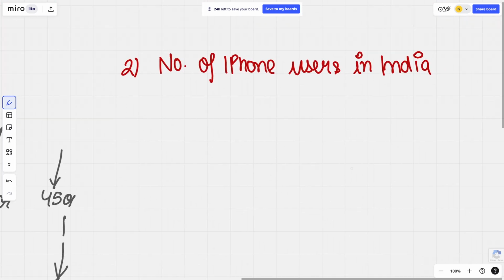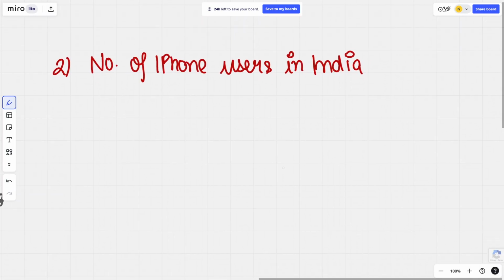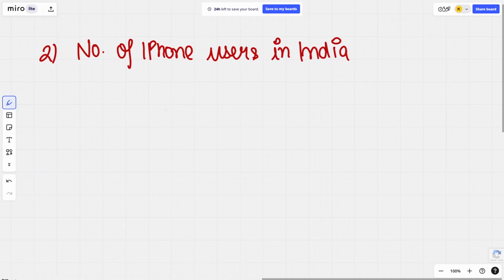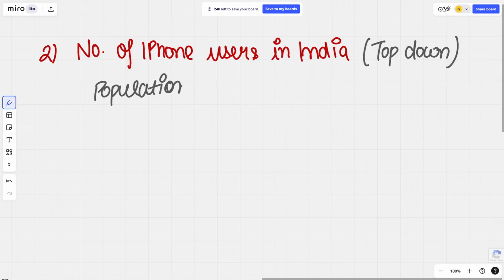Now let us move to the second question. The second question is we have to solve the number of iPhone users. So again we will be using the top-down approach. As I mentioned, while using the top-down approach, we always start with the population, and let's segment by age.